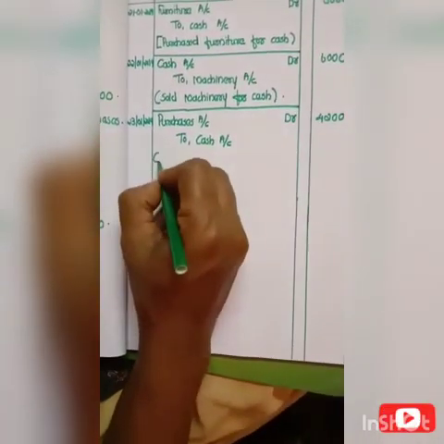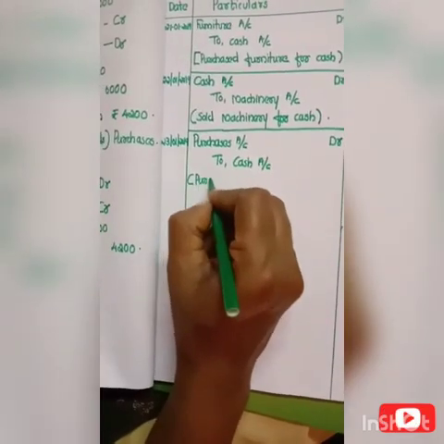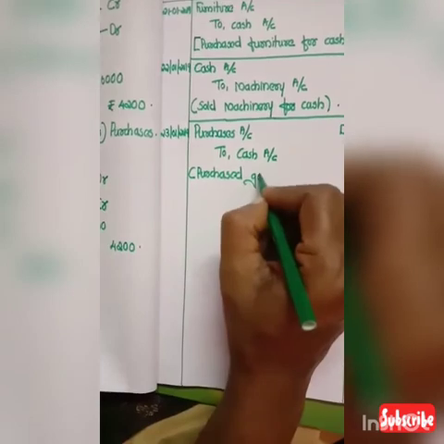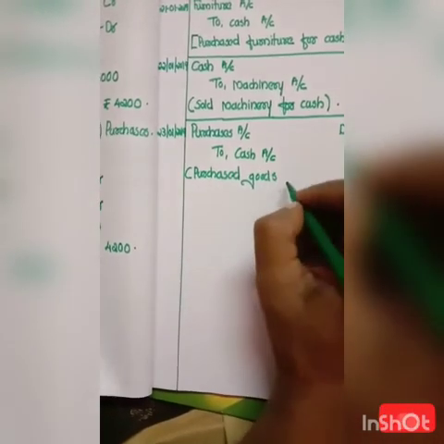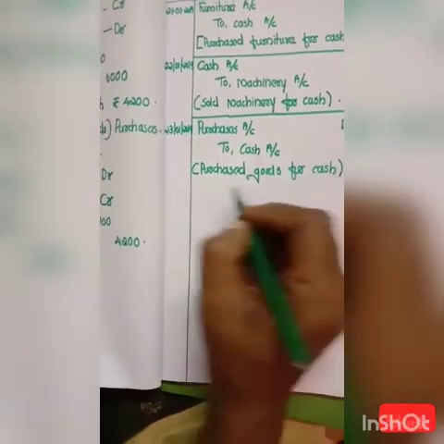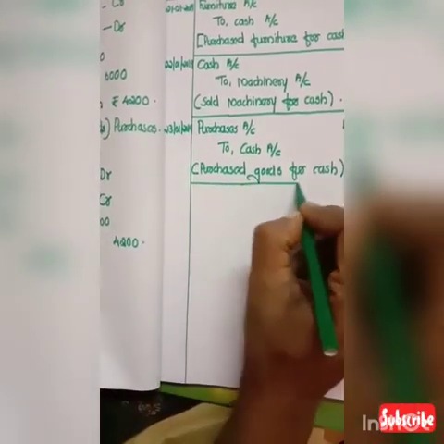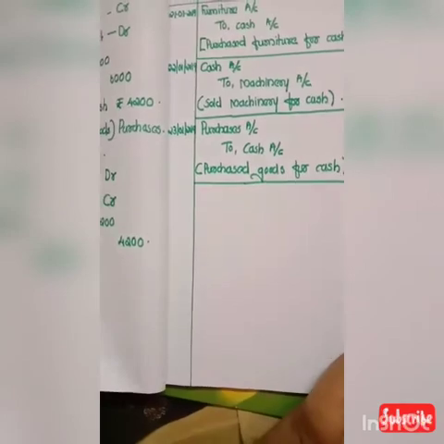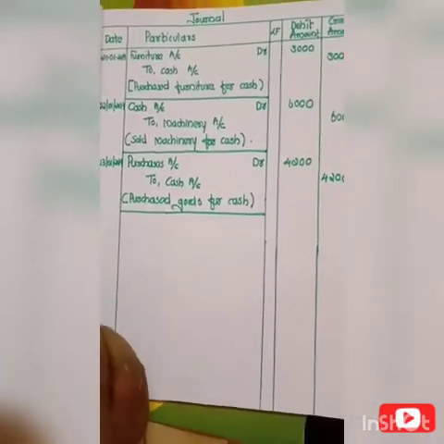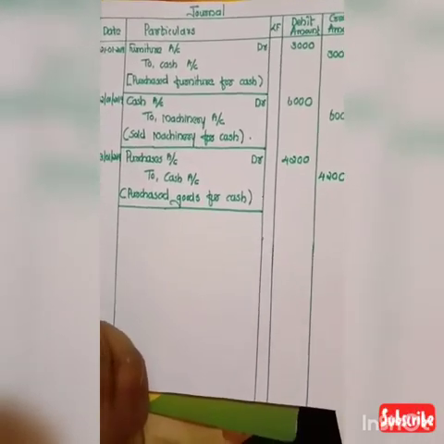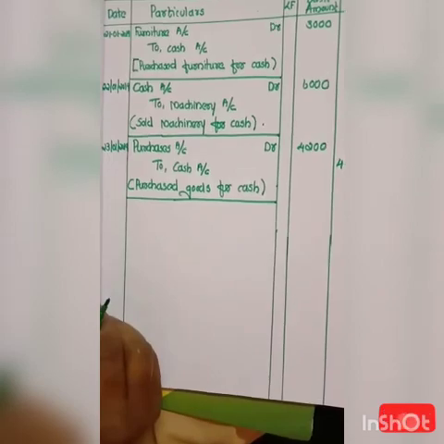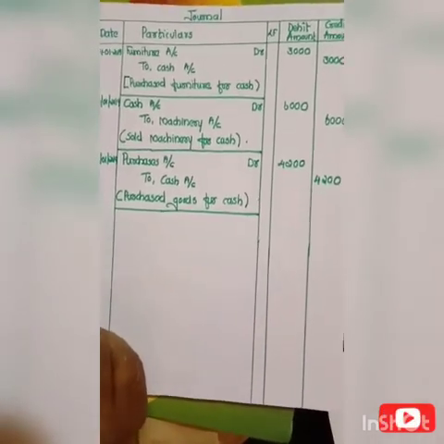Then we write the narration: purchased goods for cash. Then draw this line. This is the way in which we represent the journal entries of each and every transaction in a journal.